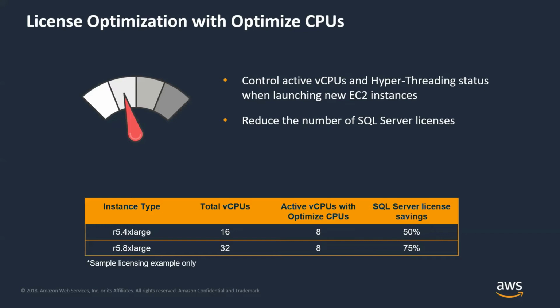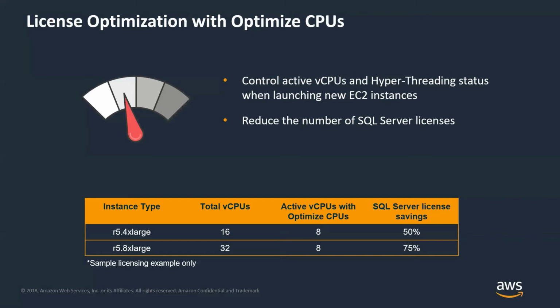AWS does provide you with a variety of different instance types and families based on the workloads you need. An example here is the R5 4xlarge and 8xlarge. Although the vCPUs are much higher, the active vCPUs with optimized CPUs are the same. So you do have a greater savings when you're selecting the 8xlarge versus the 4xlarge when you're licensing your workloads.